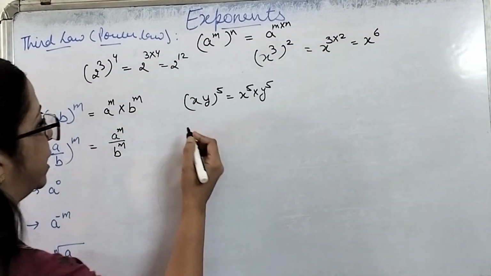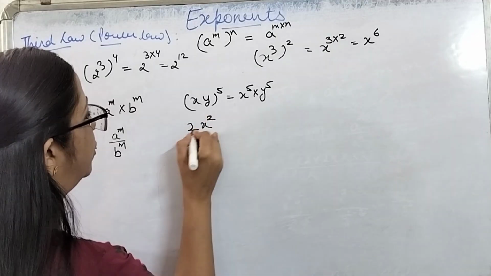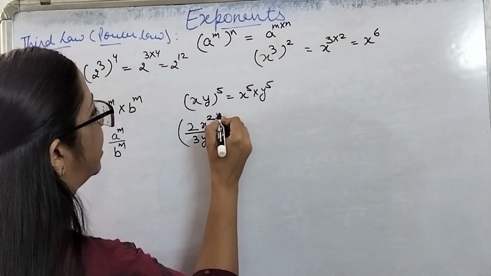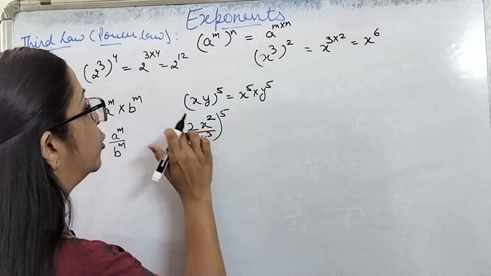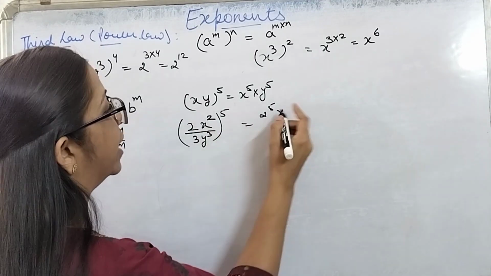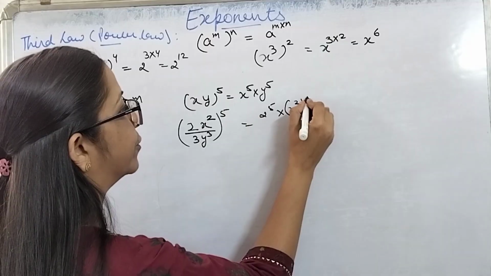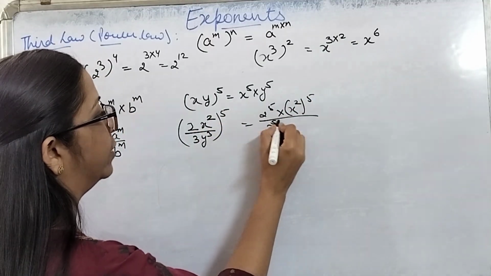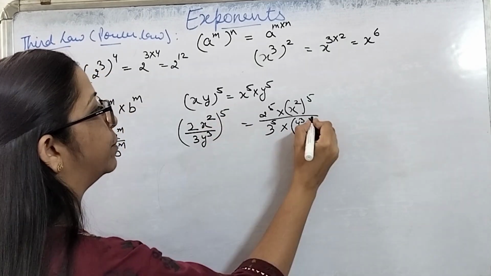Suppose your number is say 2x raised to the power 2 over 3y raised to the power 3 whole raised to the power say 5. How we can write this: this means 2 is even having the power 5, multiplied by x having the power 2 over here and whole power 5, divided by 3 raised to the power 5 multiplied by y raised to the power 3 and whole raised to the power 5.